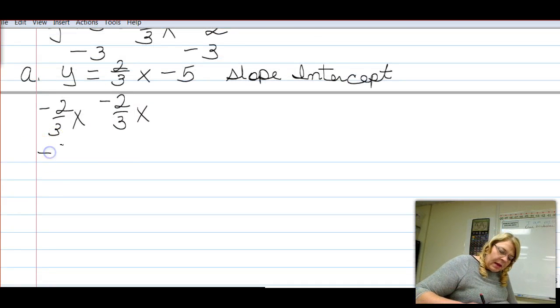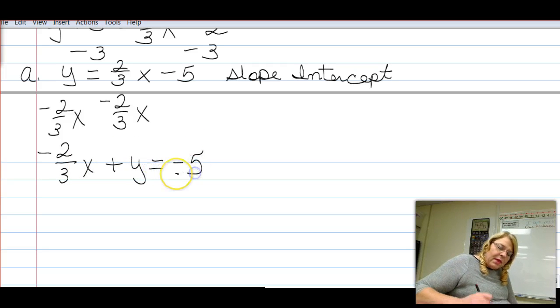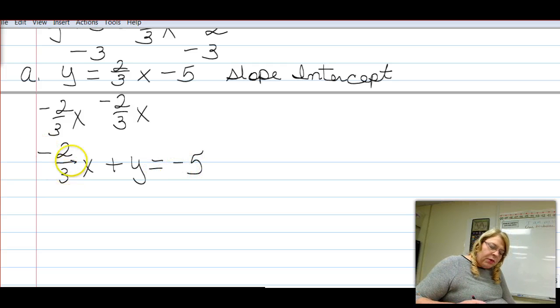That gives me -2/3 x plus y equal -5. Then I need to make sure that the number in front of the x is positive, and I have no fractions left in the problem.